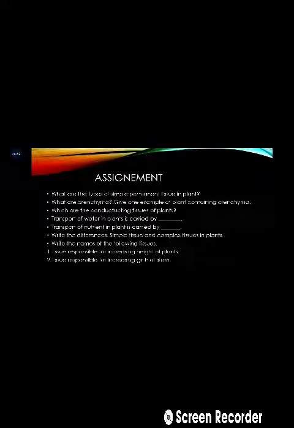Tissue responsible for increasing girth of the plant. Remember students, girth means diameter of the stem. So that is lateral meristem. Lateral meristem is responsible for increase in the girth of the stem.